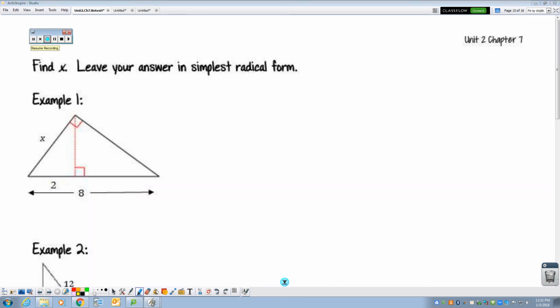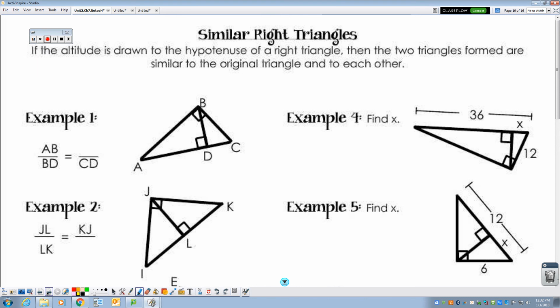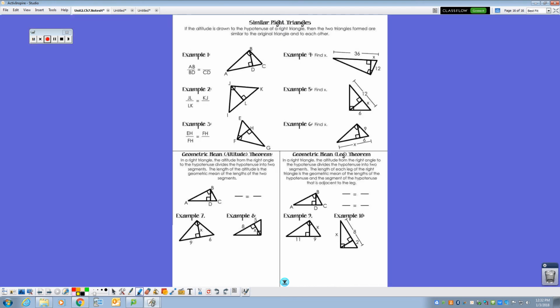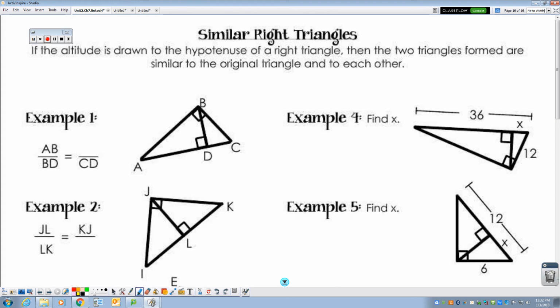Okay, so looking inside of the foldable at example 1 on the top, so I'm looking at the top of the paper. It's just practice setting up some proportions using letters. And I like to use the colors. I find it to be pretty helpful.